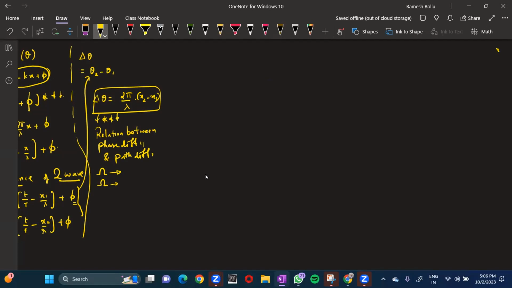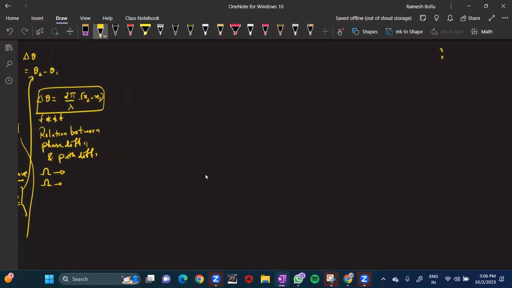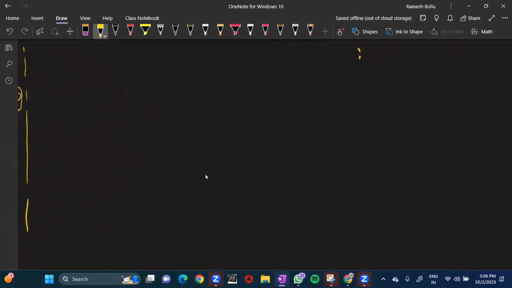Okay, children. Now, if you look into a few more parameters, for example, see one example. This is one wave. This is another wave.